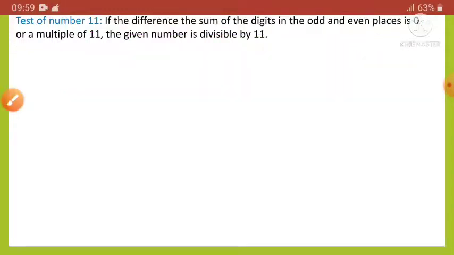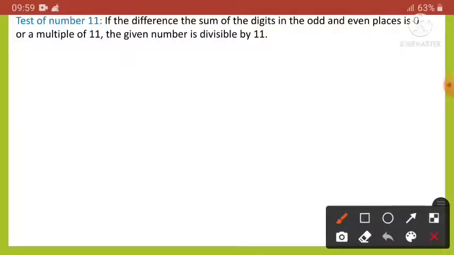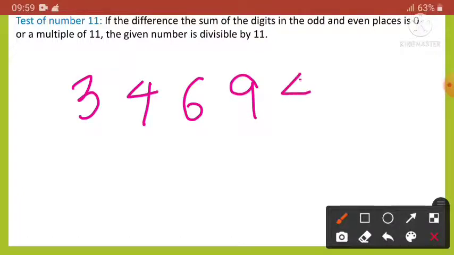So if we take an example, suppose I am taking 34694. It is the first place, the second, the third place, the fourth place, the fifth place.